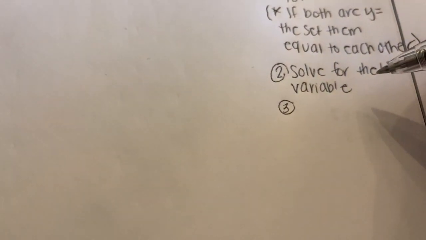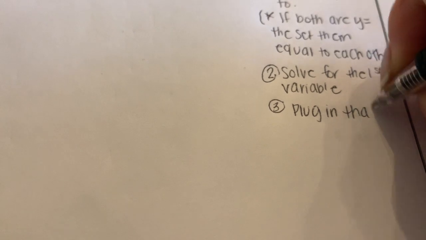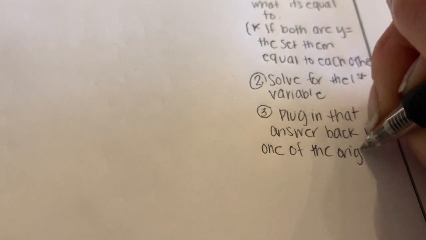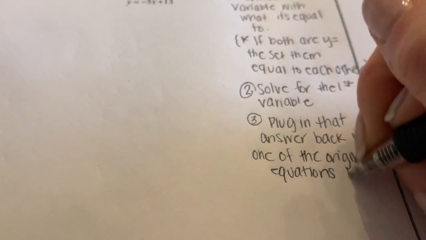Then once you find that variable, you're gonna get an answer, x equals 1 or y equals 2. Then you're gonna plug the answer back into one of the original equations, and you always want to go with the easier ones, to find the other variable.